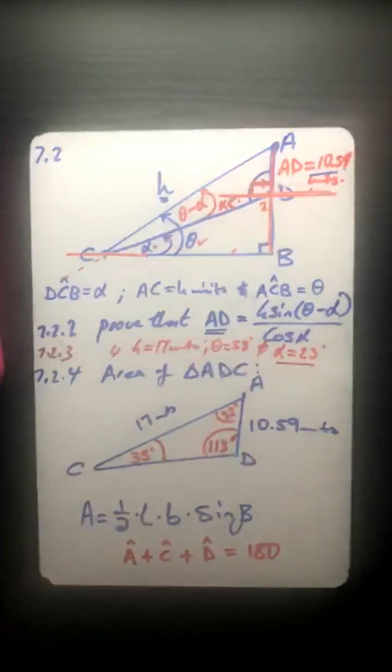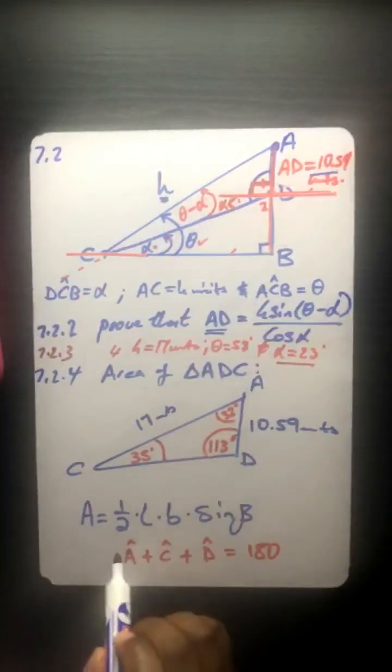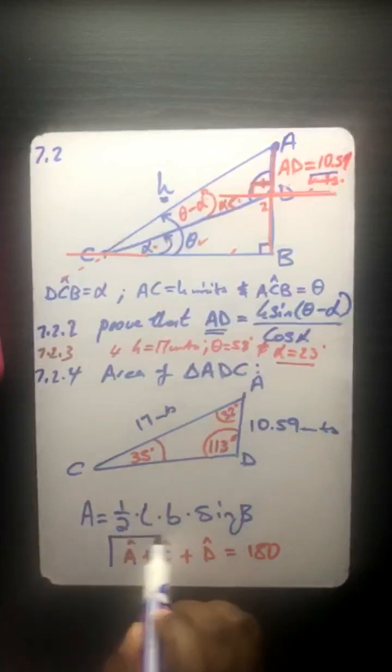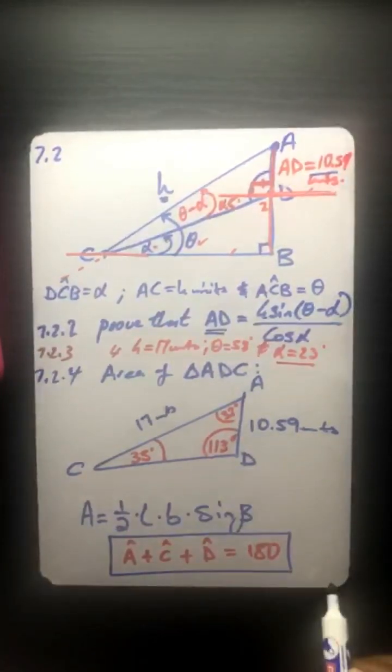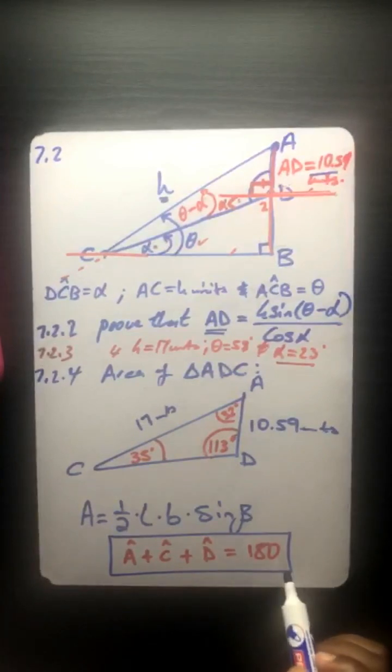Okay, so this is that theorem, Jackie, which says the sum of the interior angles of a triangle is equal to 180.